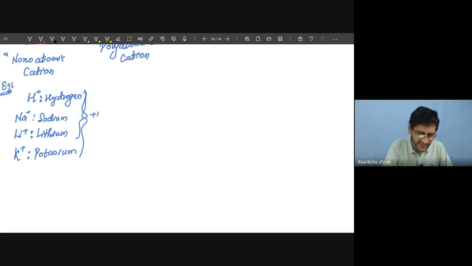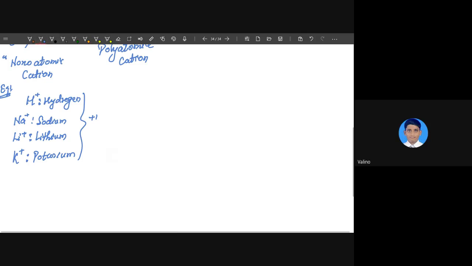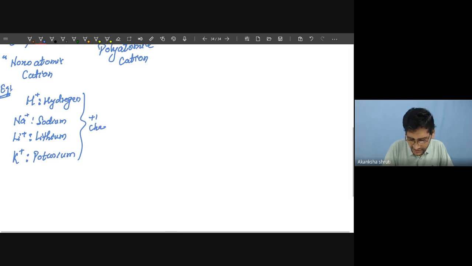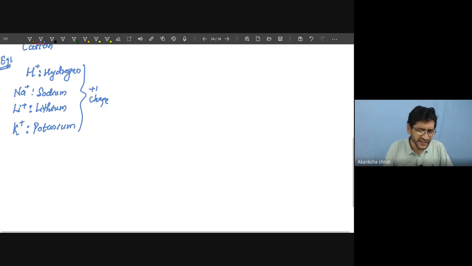So all of these have how much charge? 1 unit charge. Such atoms which carry 1 unit charge are called monoatomic monocations. The other that we can write is in the same category. We can take the other one also. Say copper. It is found that copper also shows +1 as well as +2. So it is our copper.